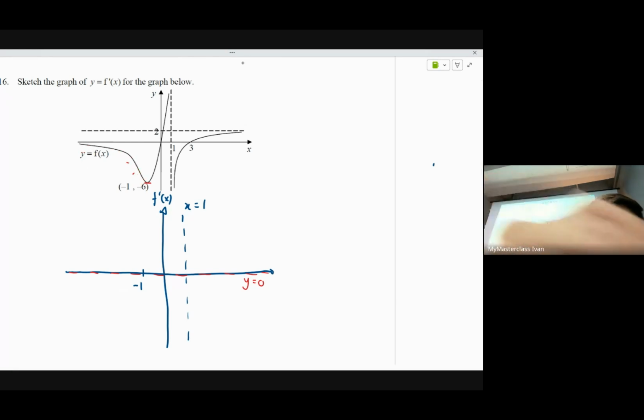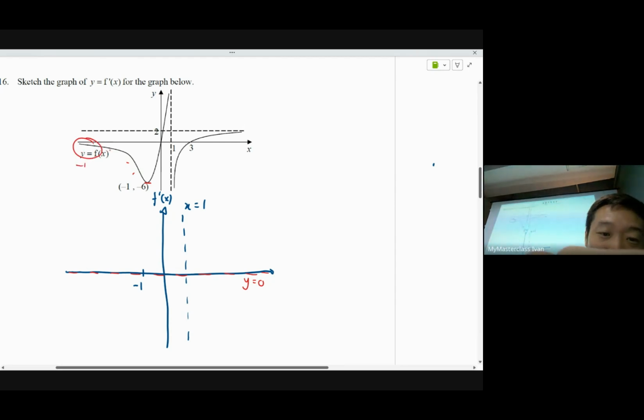Can you see? Over here it's like -1, then -2, then -5. But after that, you must cut. So you know that it's going downwards already, right? But how to cut it back? Turning point. Go up, hit, and just go towards this asymptote.